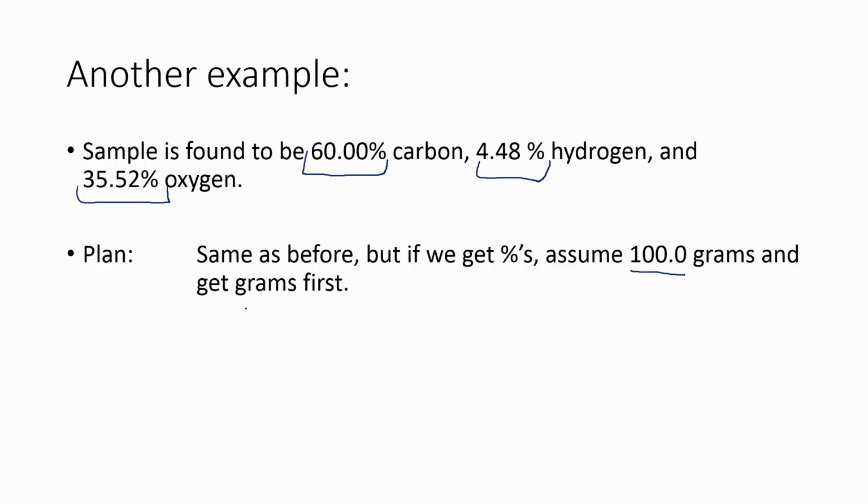Well, 60% of 100 grams is 60.00 grams of carbon. And 4.48% of 100, see why we're assuming 100, is 4.48 grams of hydrogen. With 100 grams of sample, percent directly translates to grams. And there we go.